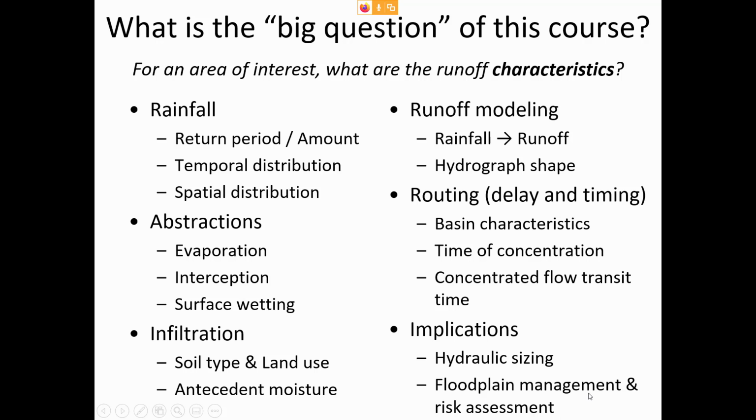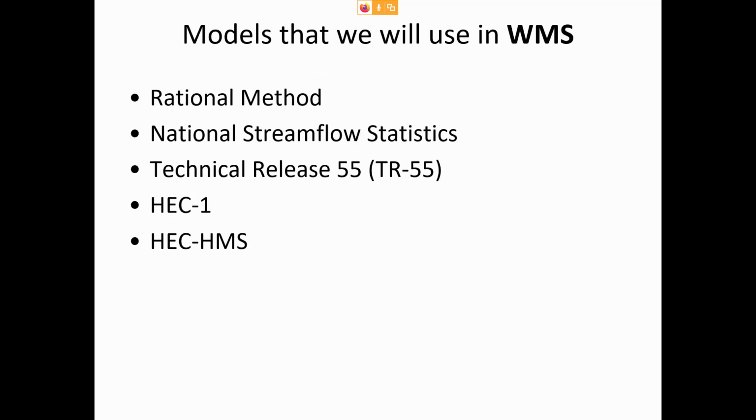And unfortunately, because of the week of suspension, we're not going to be able to get into the risk assessment and kind of the floodplain management part of the course. But that's one of the things that hydrologists would do, is take the results of a watershed model and then try to estimate how much it's sensible to spend to protect against flooding.